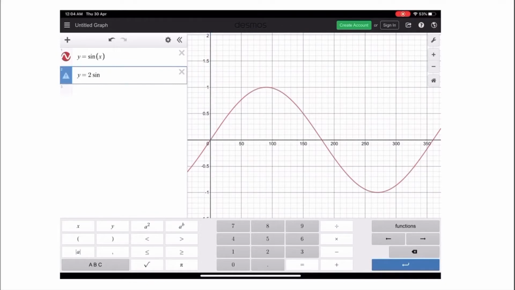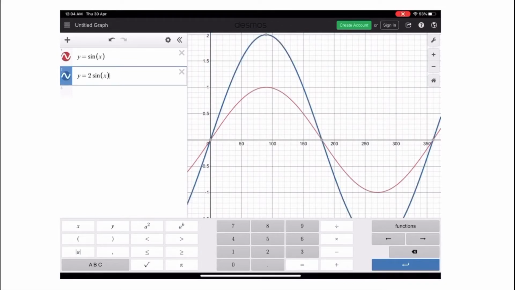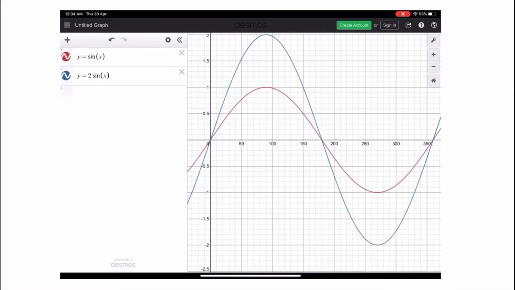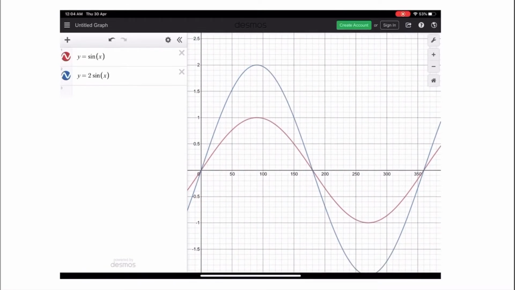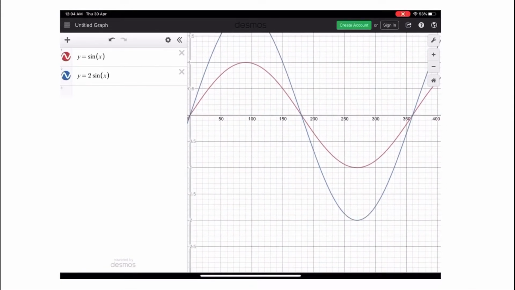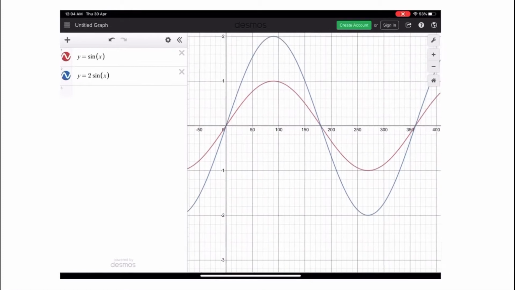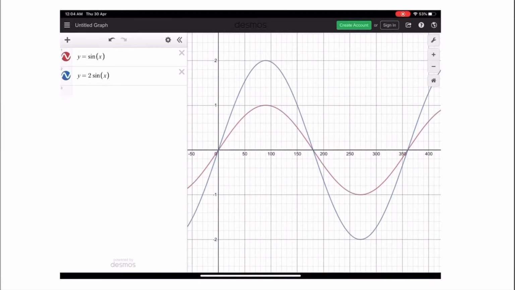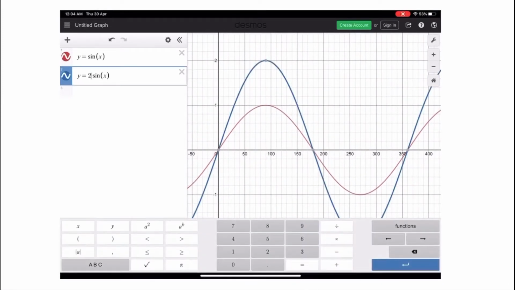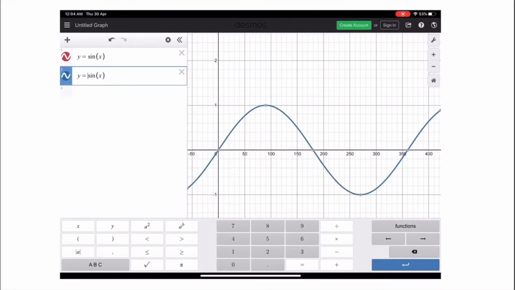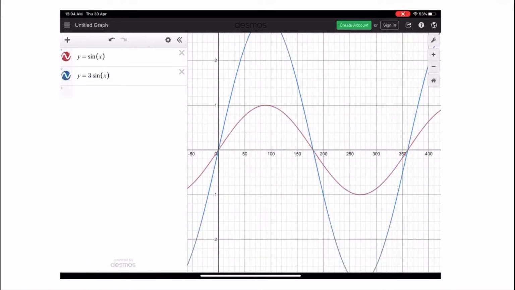I'm plotting 2 sine x. See what happens. Look at the blue curve. What has happened? Now I change to 3 sine x. See what happens?